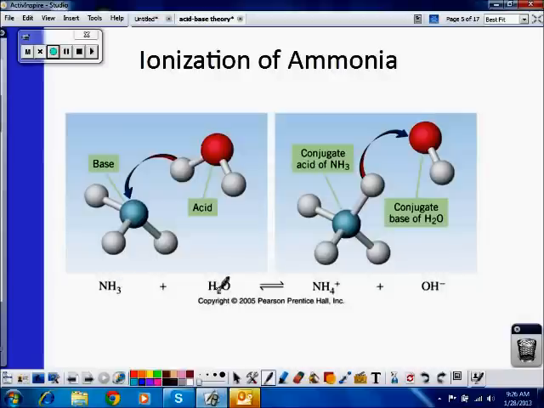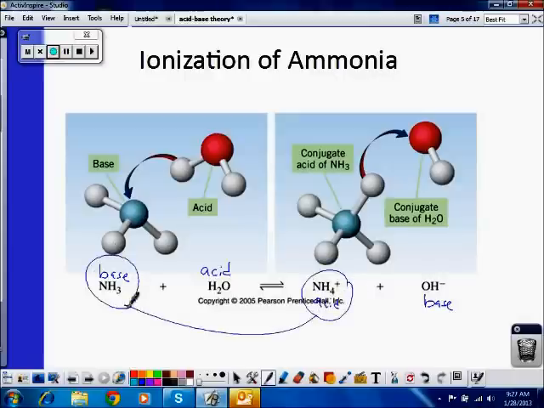So now the water in this case is acting as an acid because it's donating one of the H's. Ammonia is acting as a base. When I come over to this side, hydroxide is a base and NH4+ is an acid because NH4+ and NH3 are a conjugate pair.